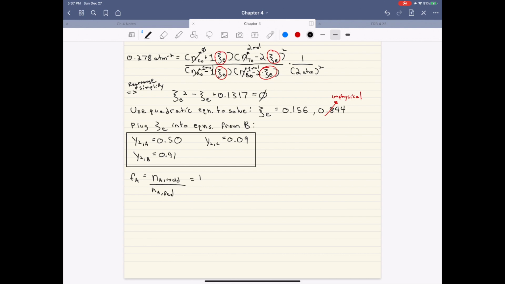In terms of things in our problem, the number of moles reacted is just going to be the difference between the initial number of moles of A minus the final number of moles of A. And the Na fed is just going to be Na naught.